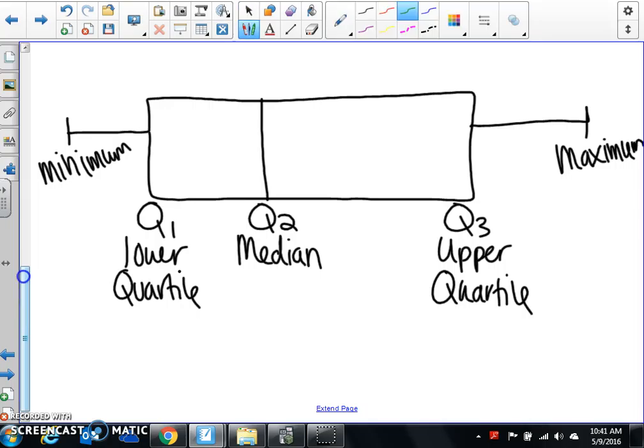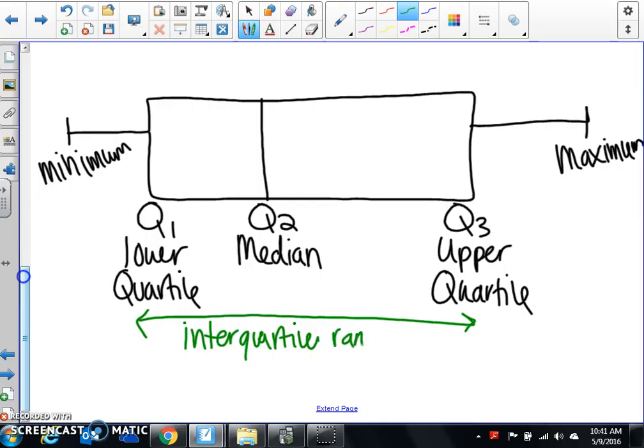So I'm going to show you exactly how to find all this given your calculator. This, the box part, is going to be your interquartile range. Okay, and remember the range is just the larger point minus the smaller point. So it's going to be our Q3 minus our Q1.